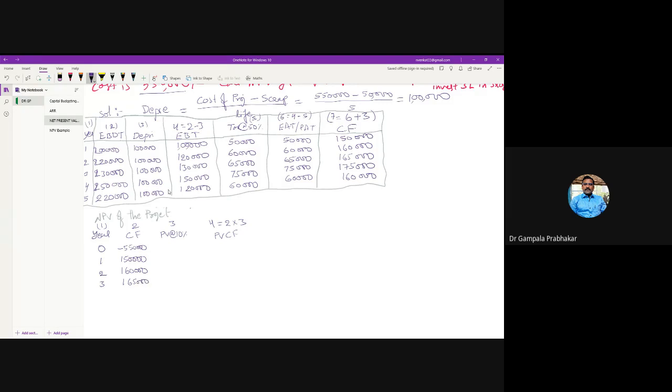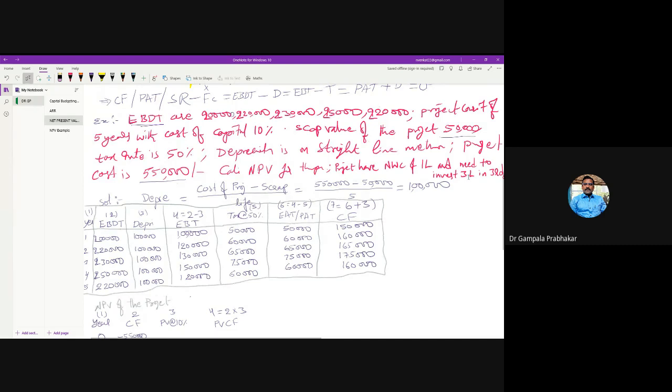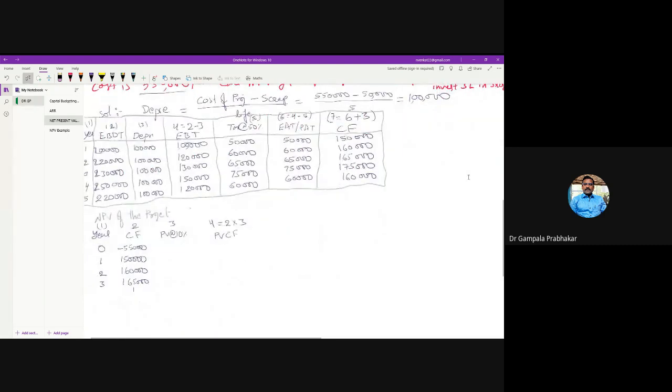See here, in the third year we have to invest 3 more lakhs extra. So that 3 lakhs also you have to consider here with a minus 3 lakh rupees, which means the total amount which we invested on this project is 8 lakh 50. At the beginning 5 lakh 50,000, and after 3 years we are investing 3 more lakhs, right?